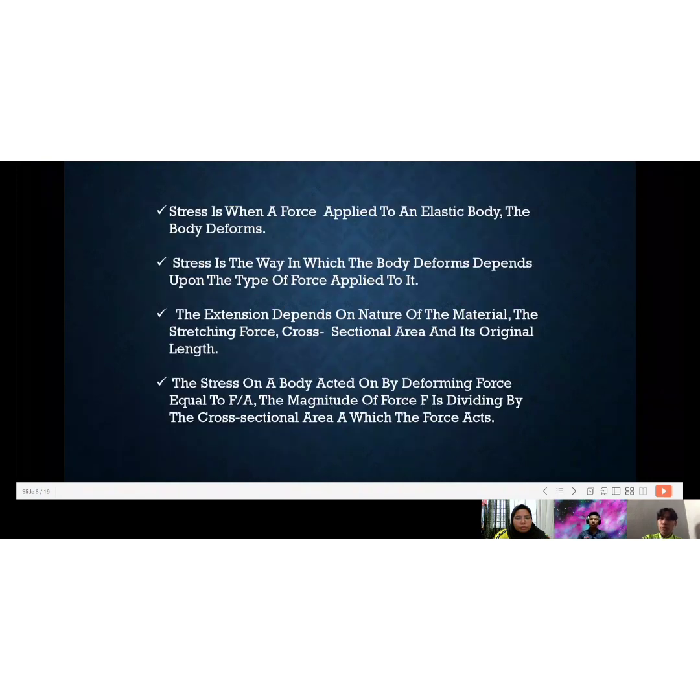Stress: when a force is applied to an elastic body, the body deforms. The way in which the body deforms depends upon the type of force applied to it. The extension depends on the nature of the material, the stretching force, cross sectional area and its original length.